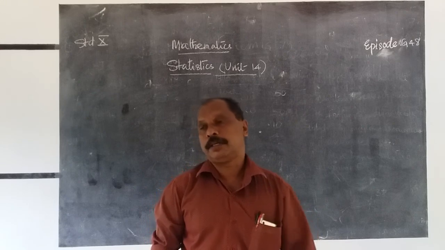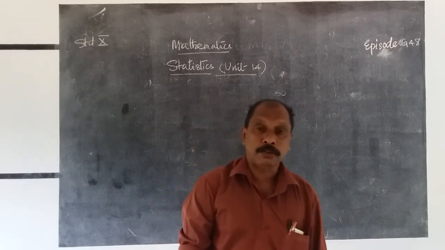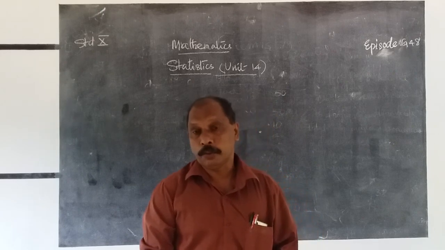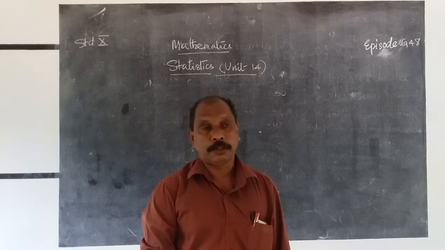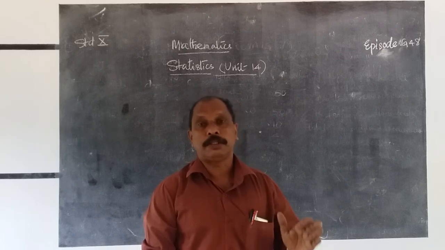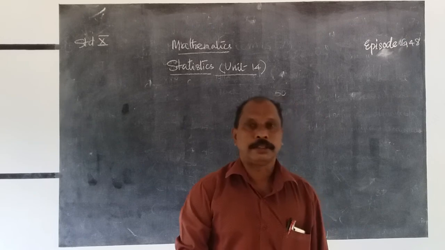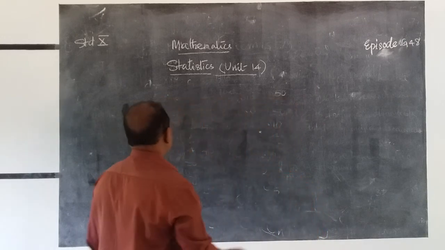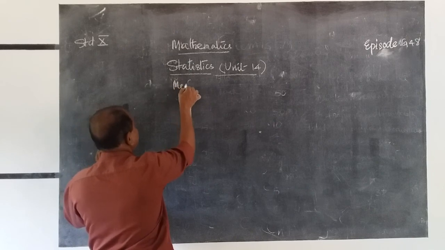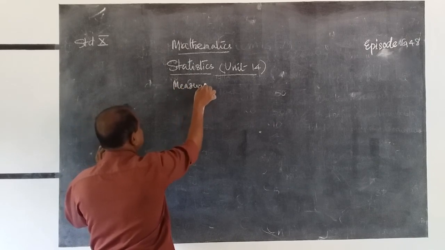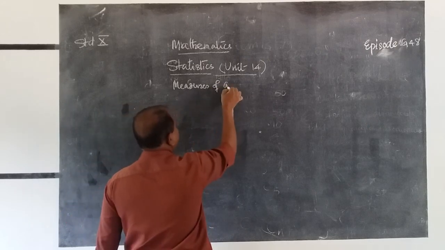The midpoint of each class. We can find out the representative or the average of a group of data. The method to find out the representative average is known as measures of central tendency. Then measures of average.